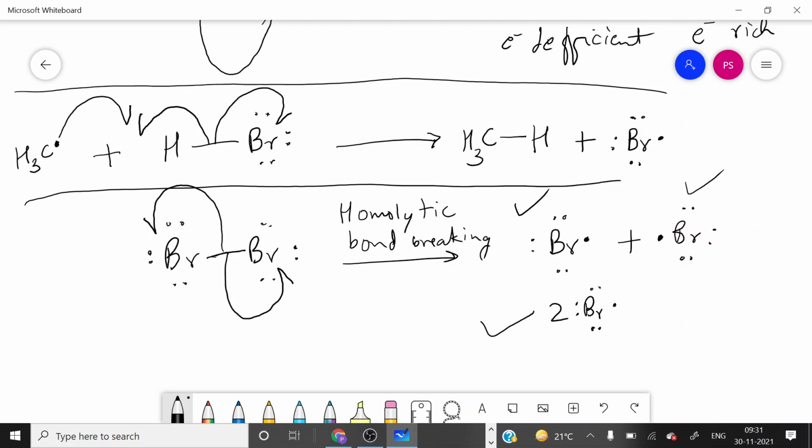So in this manner we get one new bond in between carbon and hydrogen. The hydrogen bromine bond breaks and we get a new free radical, bromine dot. So this is homolytic bond formation and bond breaking in the reaction between methyl free radical and HBr.